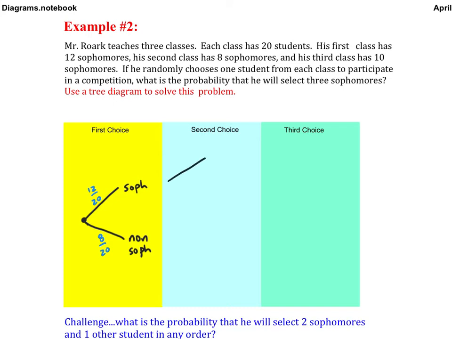For the next class, same kind of situation. We have the sophomores and the non-sophomores. For this class, we have 8 sophomores, so we have 8 over 20, and 12 over 20 that are not.